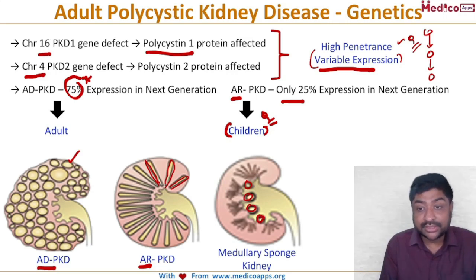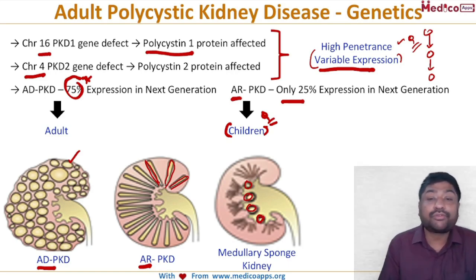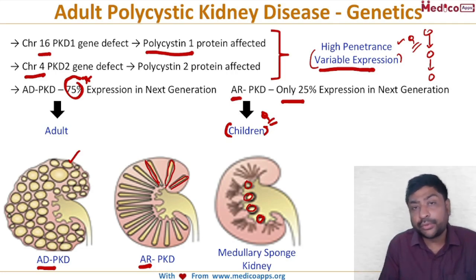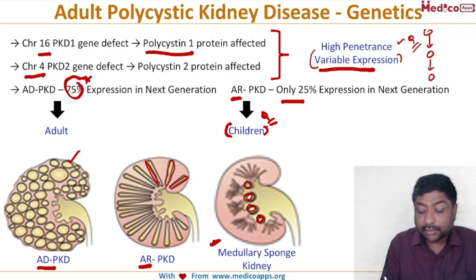Remember these cysts are grossly enlarged and they keep the urine from freely flowing through the tubule. The symptoms will be very similar to what we are going to see in adult polycystic kidney disease, but the most important point I want to highlight is the position of the cyst.